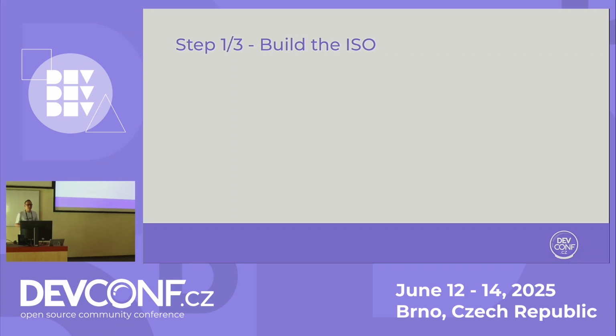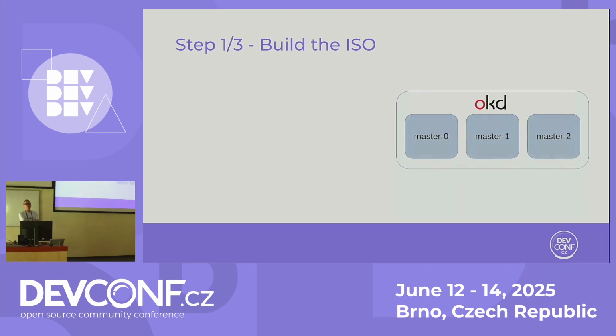So in the first step, we build the ISO. Let's assume we have a compact OKD cluster with 3 masters. And the very first thing will be to run this new command, node-image create. So node-image is the new command that has been added in the oc adm command of oc, and it sports a couple of sub-commands.